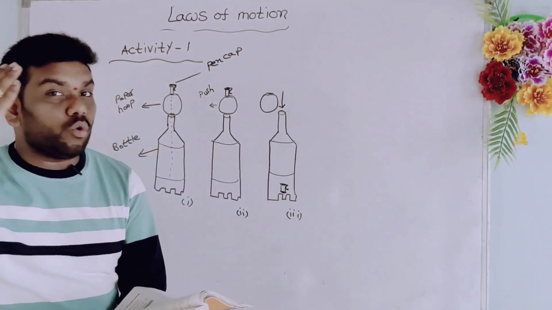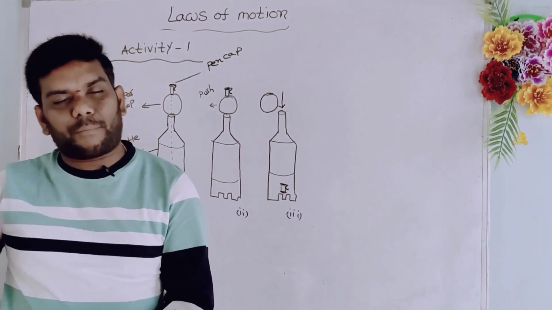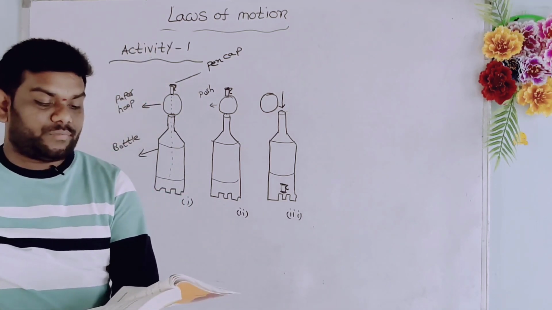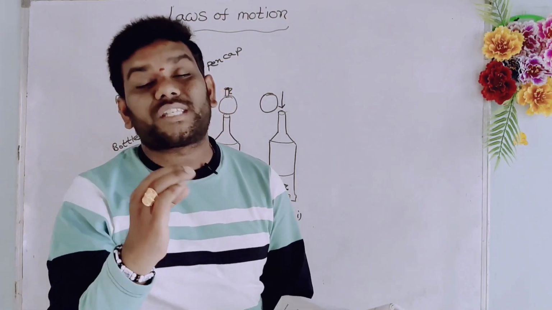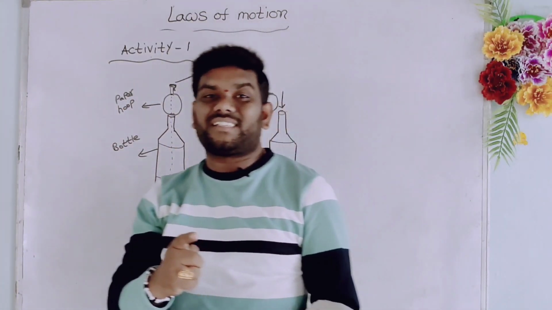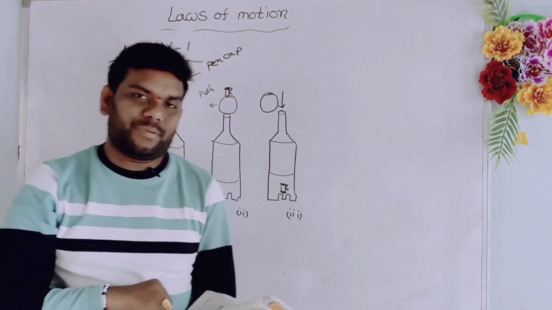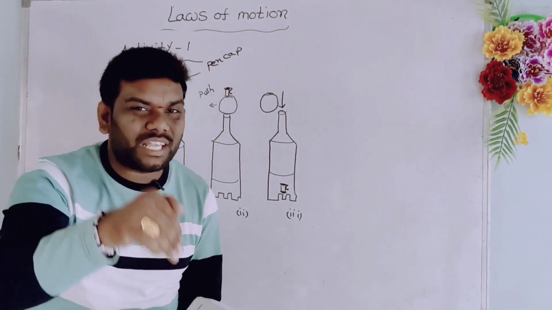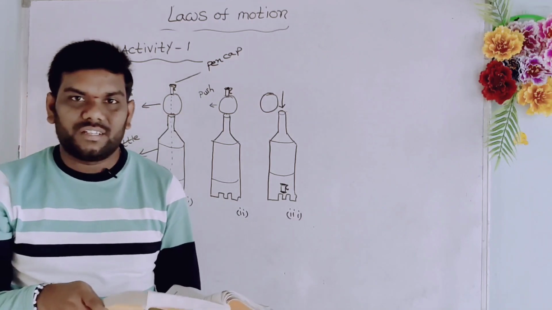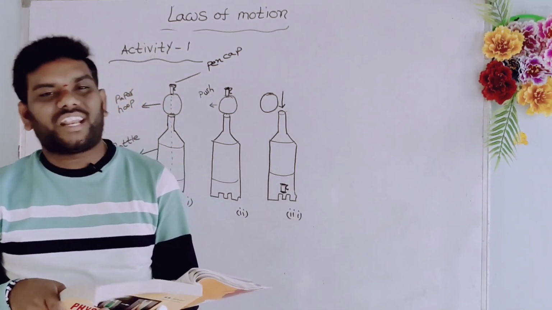Lagandi. As you use force on the paper ring, it comes into a state of motion. But the pen cap is in a state of rest. Then immediately the pen cap will fall into the bottle. So that's why it is explained about inertia.